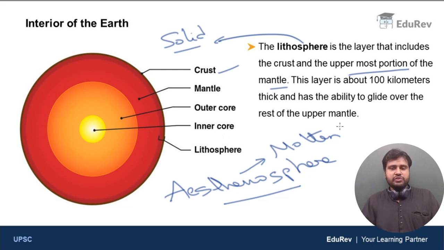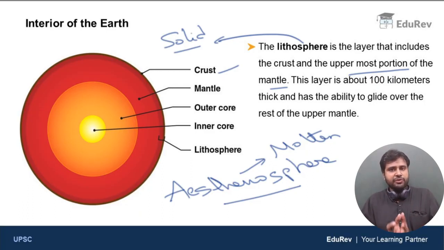So, you have the tectonic plates, and beneath them you have the asthenosphere, which is molten or semi-solid. On top of the asthenosphere, the tectonic plates are in constant motion. Why do tectonic plates move? Why can't tectonic plates stay stationary? That reason we'll discuss in detail under geomorphology. Right now here it is not relevant. Clear?